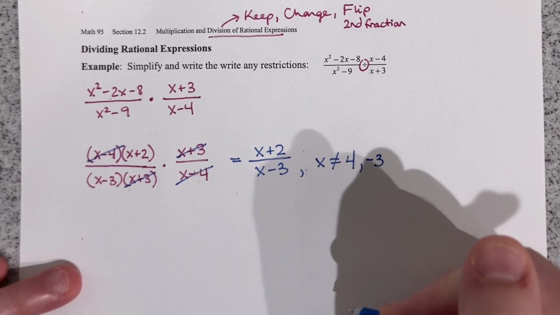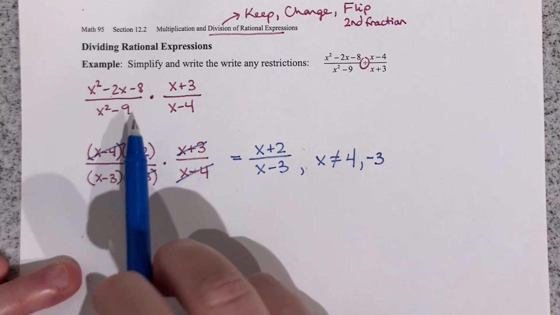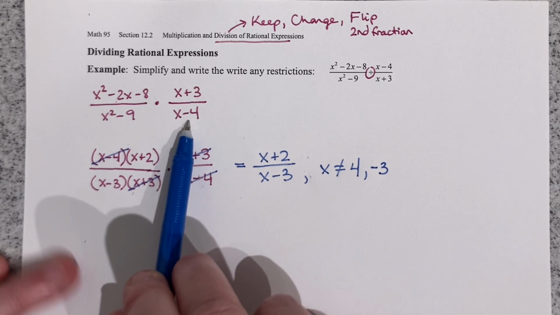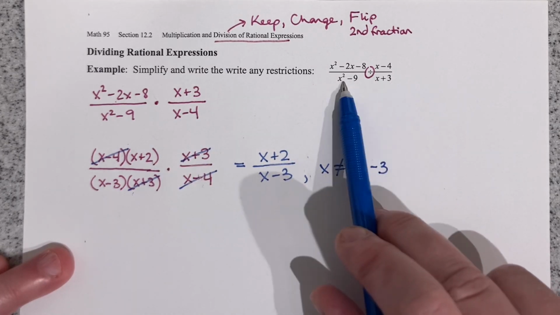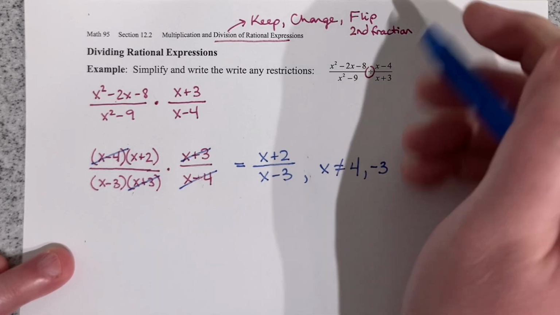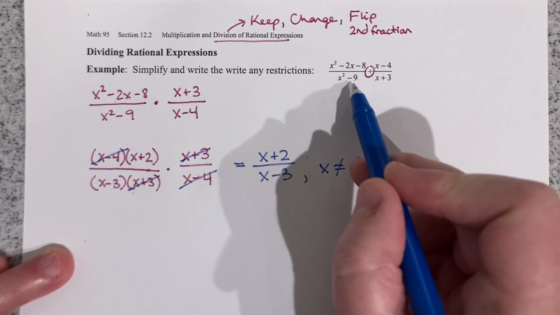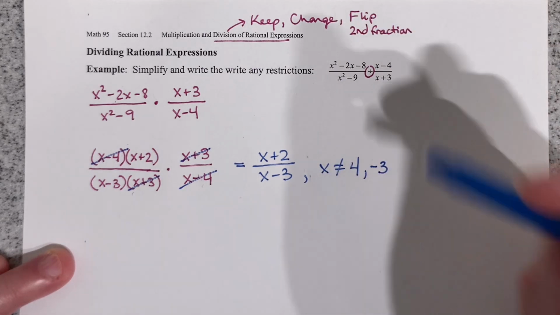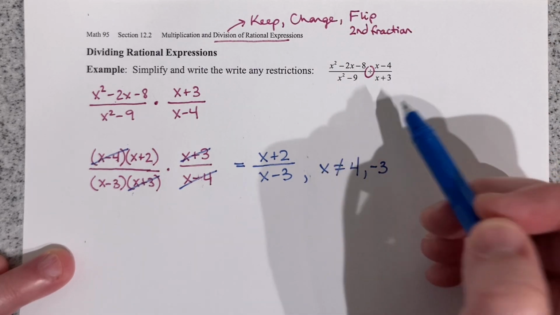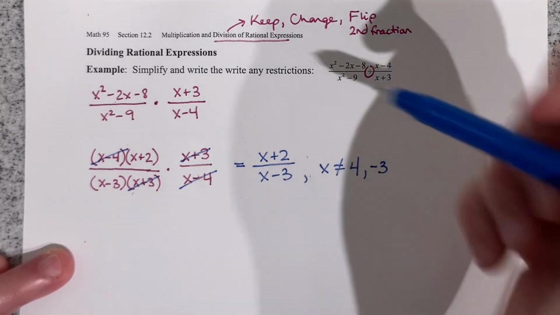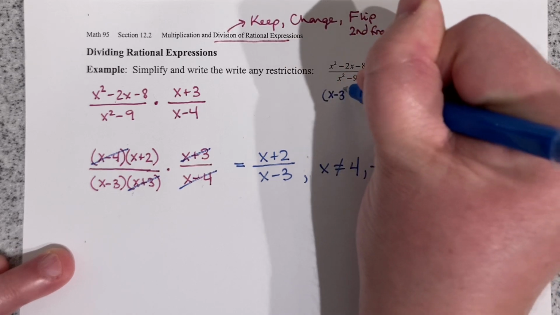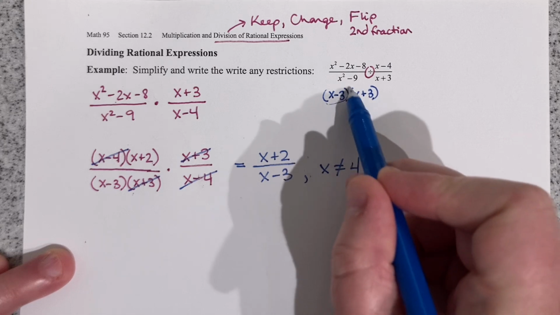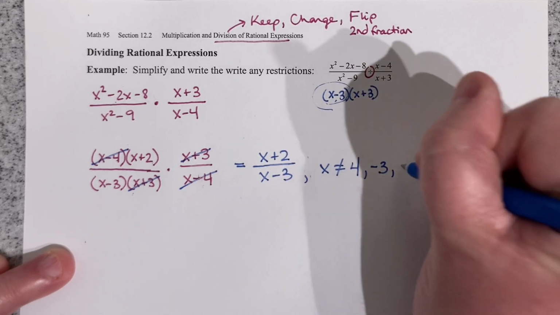And the other thing we want to check is the original problem, especially because we flipped that second fraction. So if you look at the original problem, we want to check that those can't equal 0 either. So in this case, after we flipped this, the x plus 3 canceled. So it's not going to add an additional one. But one thing we might want to do is just sort of verify and say, oh, maybe we shouldn't have x equal 3 either.